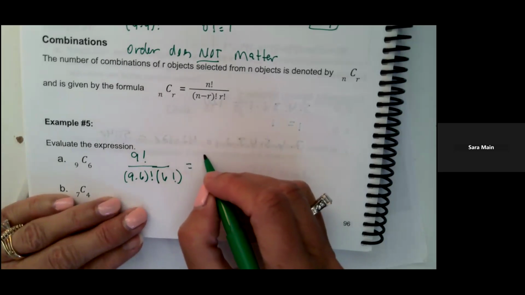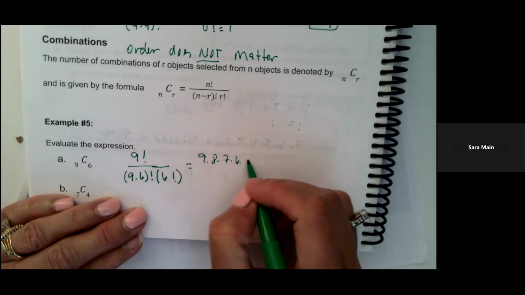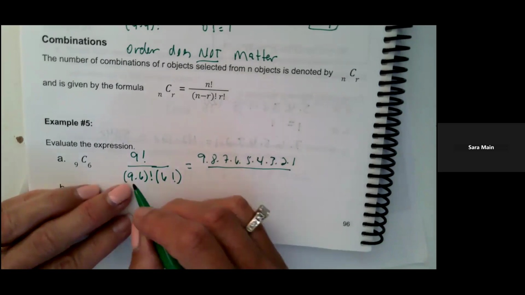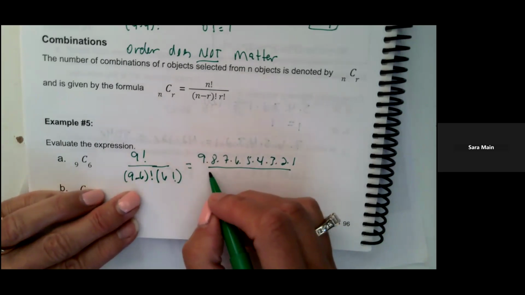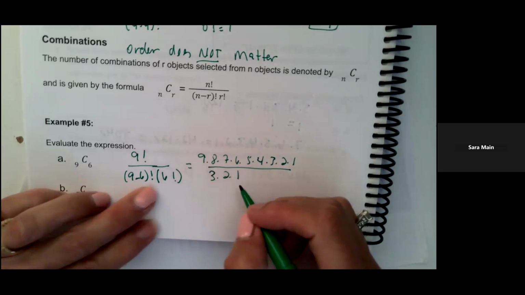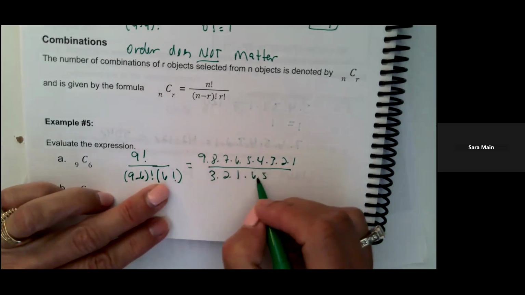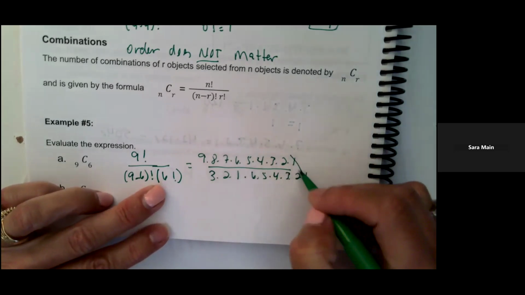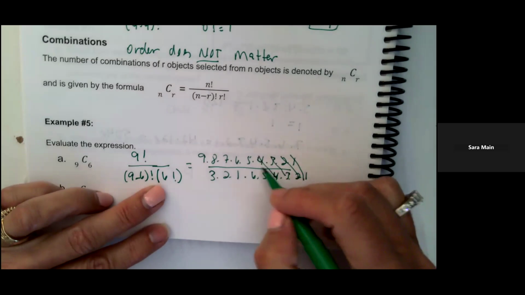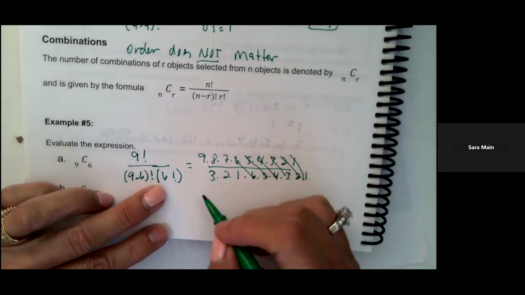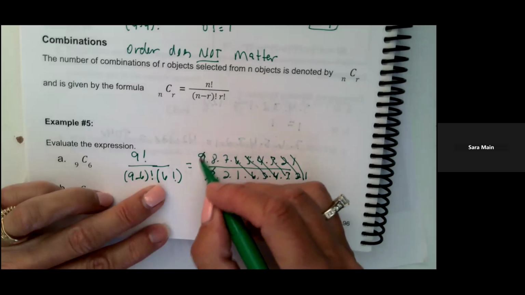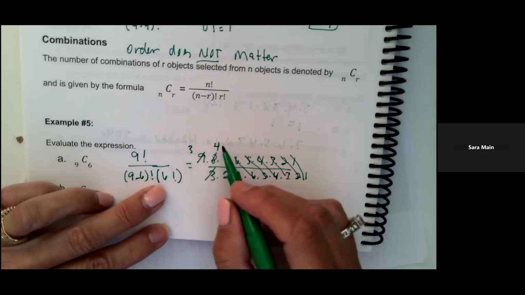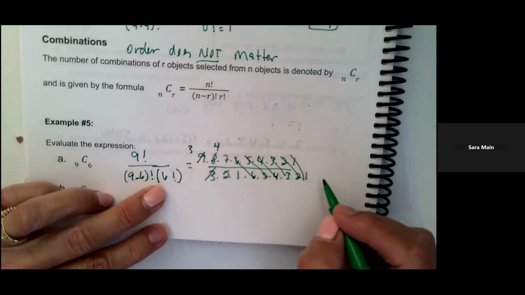So this is 9 times 8 times 7 times 6 times 5 times 4 times 3 times 2 times 1 all over 9 minus 6 factorial, which would be 3 times 2 times 1, and 6 factorial is 6 times 5 times 4 times 3 times 2 times 1. So we can cancel out the common factors. And then 3 goes into 9 3 times, and 2 goes into 8 4 times. So 3 times 4 is 12, times 7 is 84.